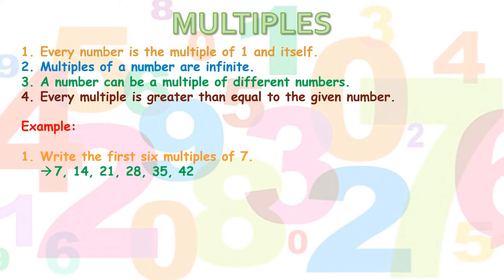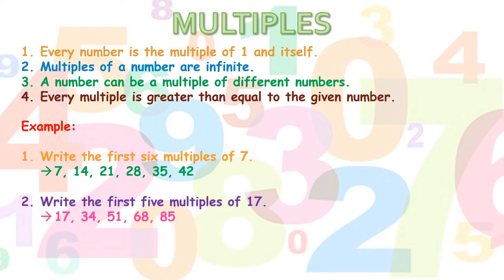Okay, write the first 5 multiples of 17. Seventeen, 34, 51, 68 and 85.